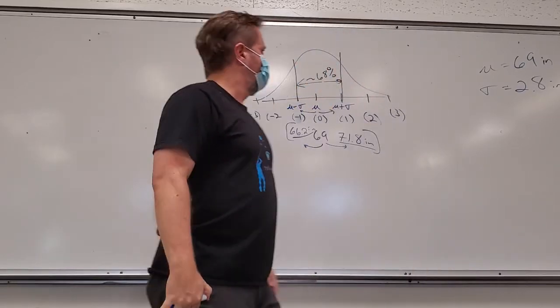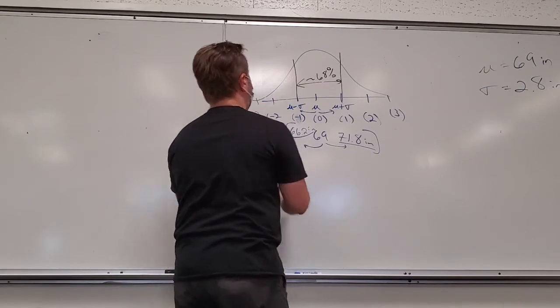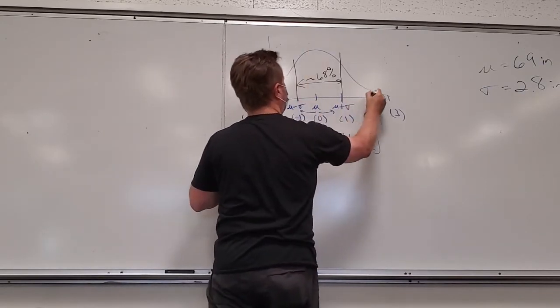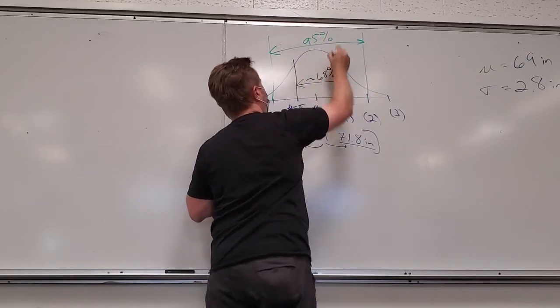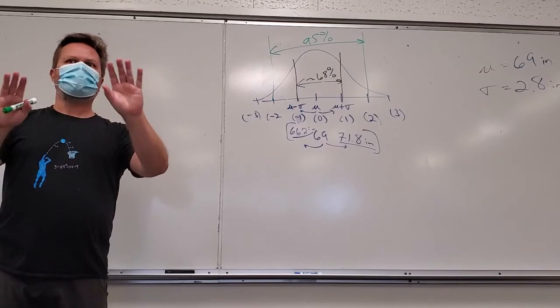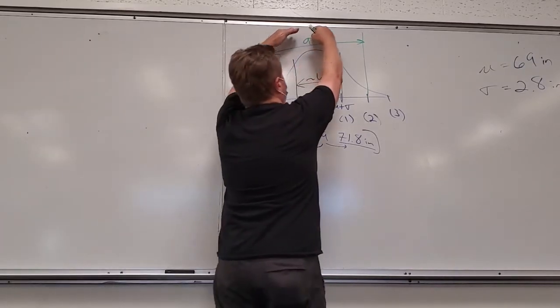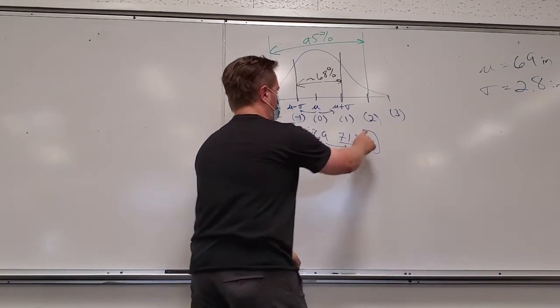All right. So here's the next step. If I go one more step out, I get 95% of my data. That's interesting. If 95% of everybody is between here, what height would that be for dudes?